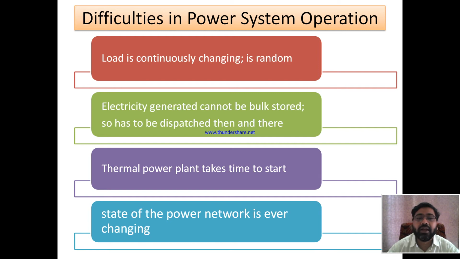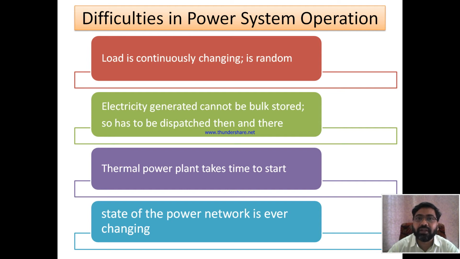Then the thermal power plant takes time to start. For example, you have four thermal units running presently. So then the next hour you expect that the load is going to increase.